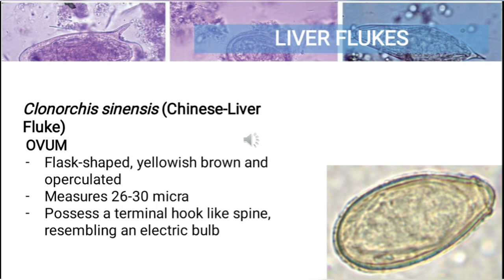Inside the egg is a well-developed miracidium, and the eggs of the three species of our liver flukes are very difficult to differentiate. The treatment, or the drug of choice, for our Clonorchis sinensis is praziquantel.